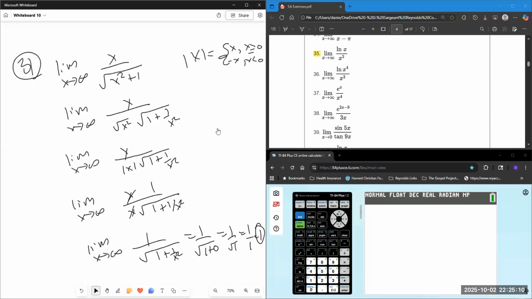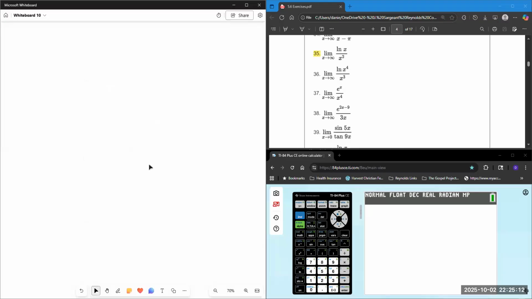Let's look at 35 now. 35 is the first one that I really do have to use L'Hopital's rule. So limit as x goes to infinity, ln of x over x squared. This will go to infinity over infinity.